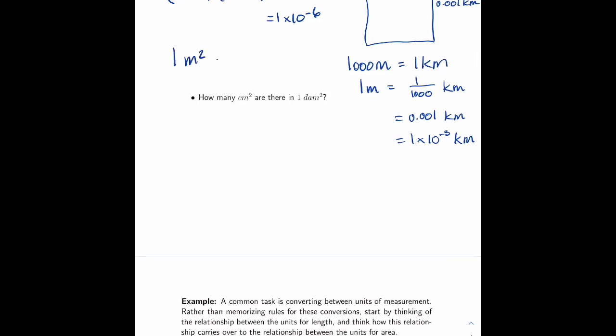So 1 square meter is 1 times 10 to the negative 6 square kilometers. And that means that just as there are 1,000 meters in a kilometer, there are 1 million square meters in a square kilometer.